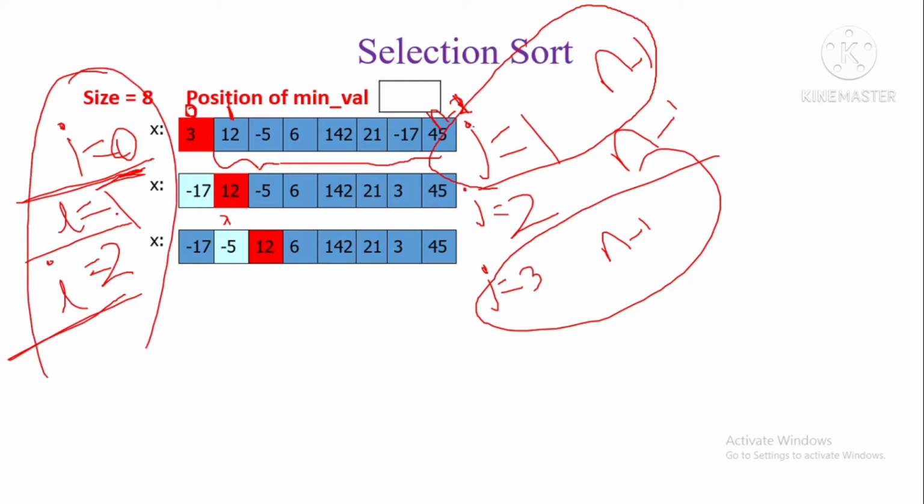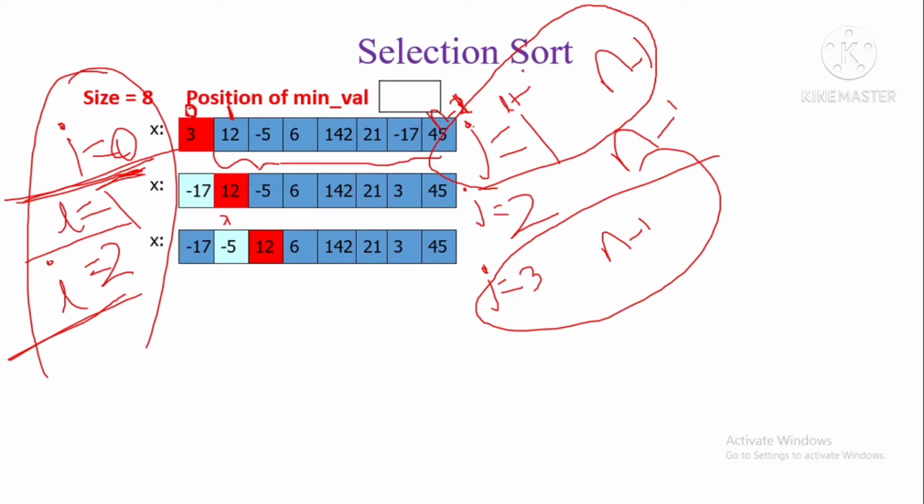Every time the I value is changing from 0 up to size minus 1. It has to move, right? I is equal to 0, 1, 2, 3 up to n minus 1. For each I value, I have to run another loop which will start from I plus 1.